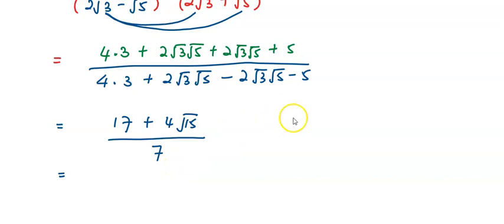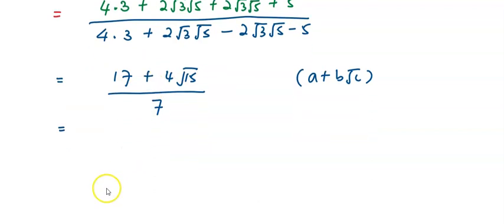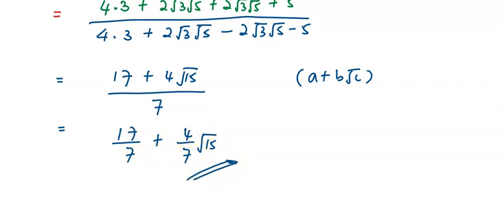In order to write them in the form of A plus B surd C, we just cannot leave our answer like that. We need to separate them into 17 over 7. That will be the A, plus 4 over 7 will be the B, and the C will be 15. That will be 17 over 7 plus 4 over 7 surd 15.